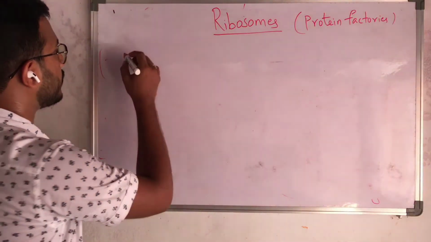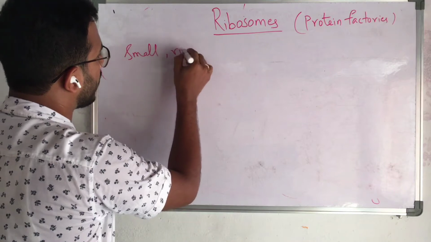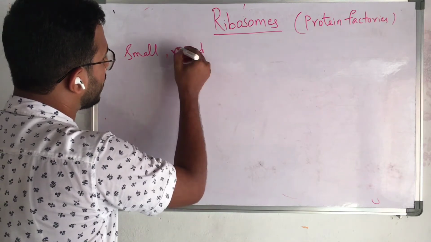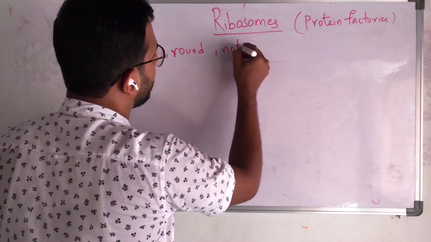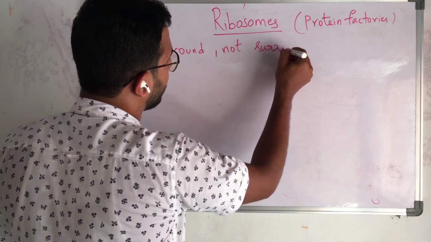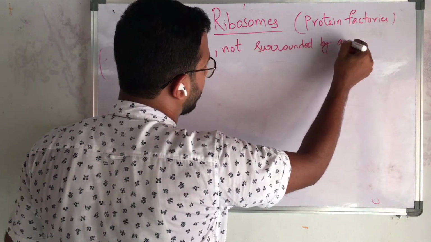Ribosomes are small round structures which are not surrounded by any membrane.